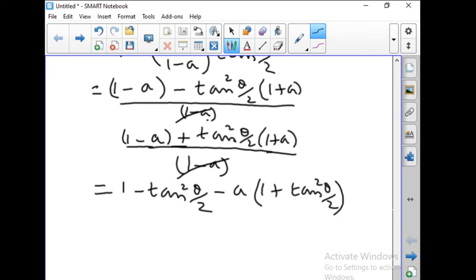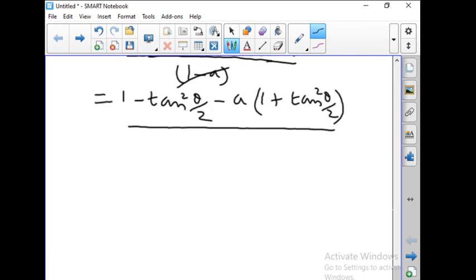Yes. Then the denominator is 1 plus tan square theta by 2 minus a into 1 minus tan square theta by 2.